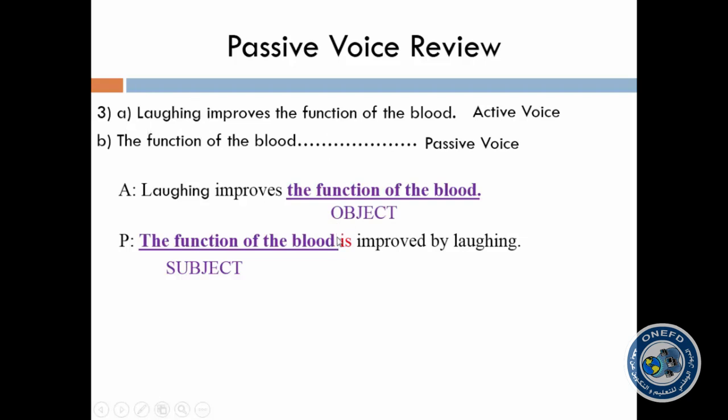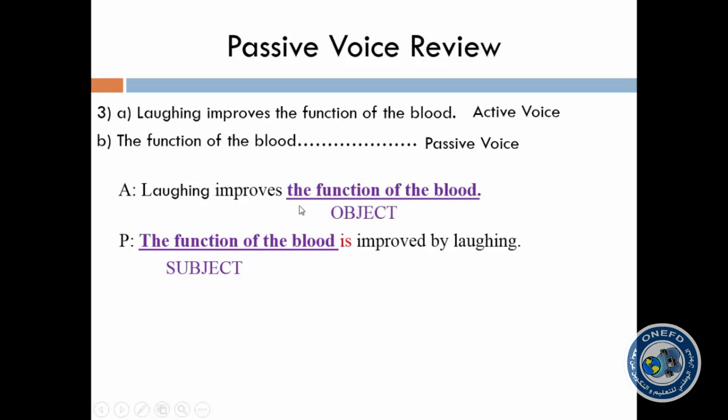In the passive voice, the focus is on the action itself. We put emphasis and give importance to the action, not the doer of the action as in the active voice.